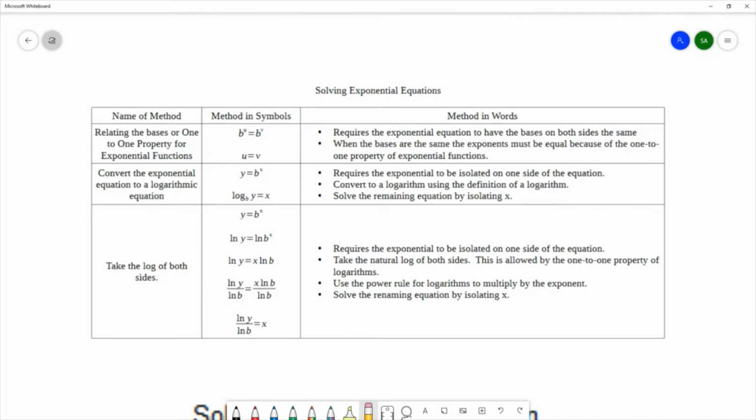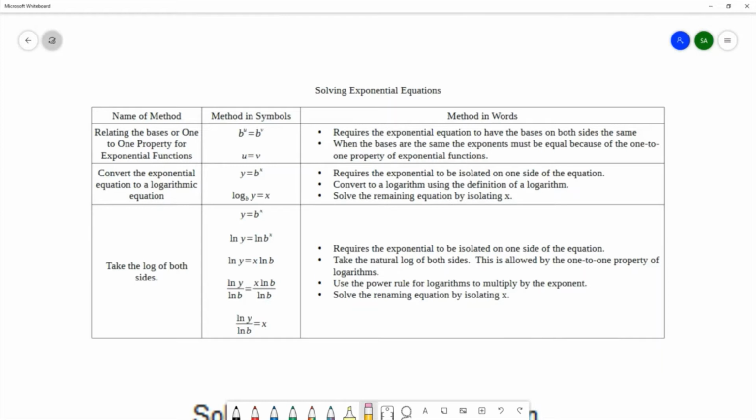And then whatever the exponential expression equals is what goes inside of our log. So some comments are that this requires your exponential equation to be isolated on one side of the equation. You convert to a logarithm using the definition of a logarithm, and then you solve the remaining equation by isolating x.